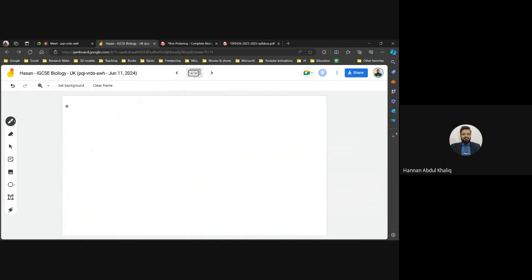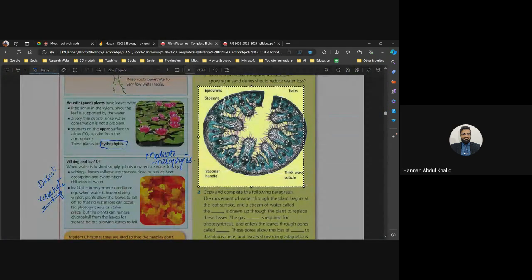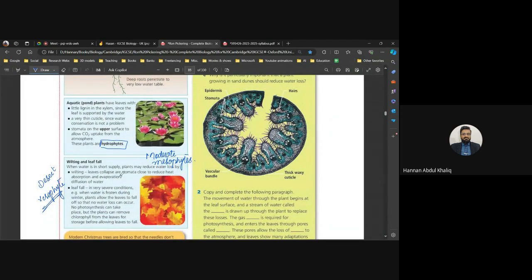Then come the xerophytes. Xerophytes are for dry places, dry plants. They have a very thick cuticle, and you may have also read some of the features in the book. But the most important feature that you have not seen is this one. Like you may have seen leaves collapse, stomata close to reduce heat absorption, evaporation, diffusion of water, leaf fall.